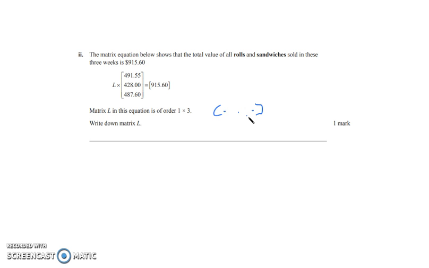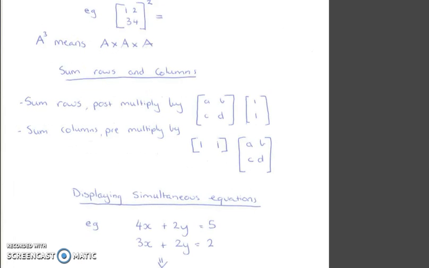So when we are doing matrix multiplication, there are 2 types of matrix that we can use to add up values in columns and add up values in rows. So going to the notes, if we want to sum our rows and columns, we can sum the rows by post-multiplying by 1s. So what this would do is sum all these rows up.